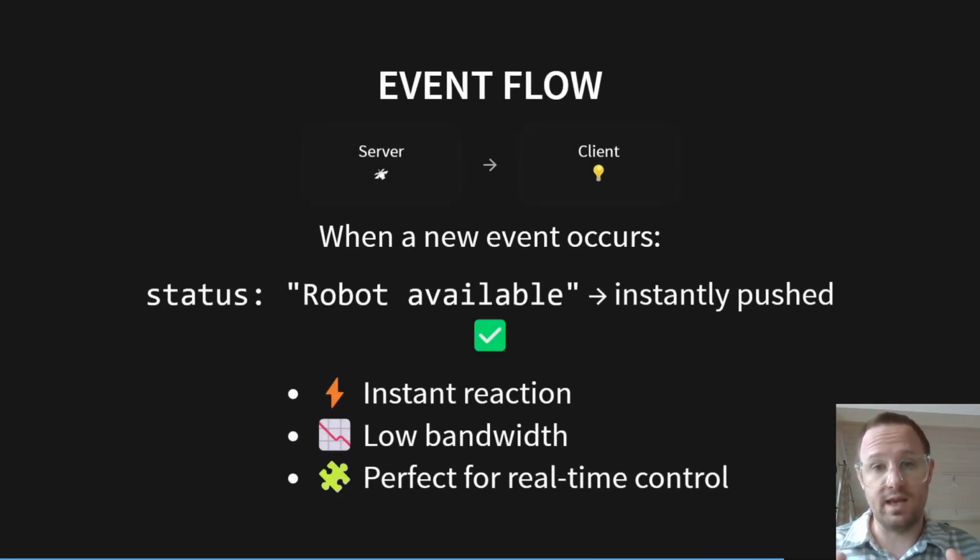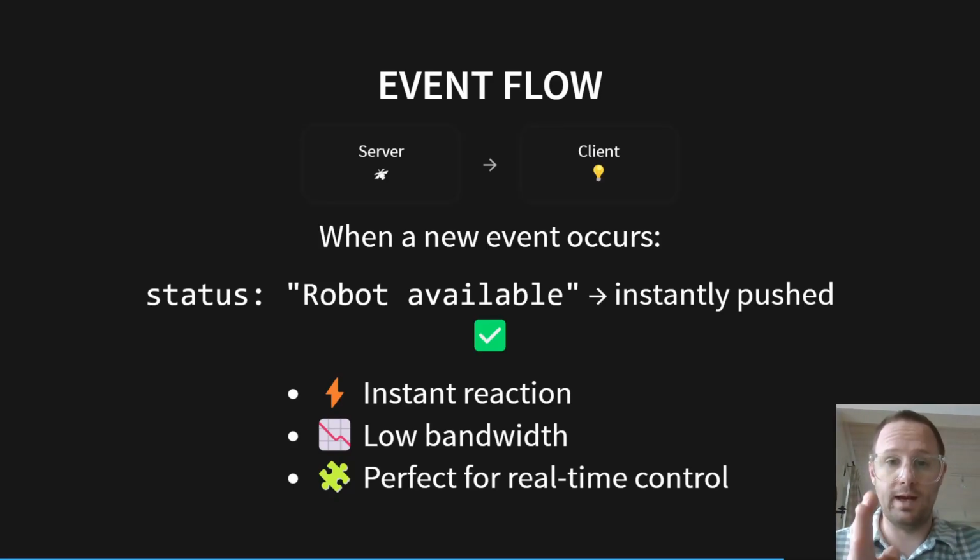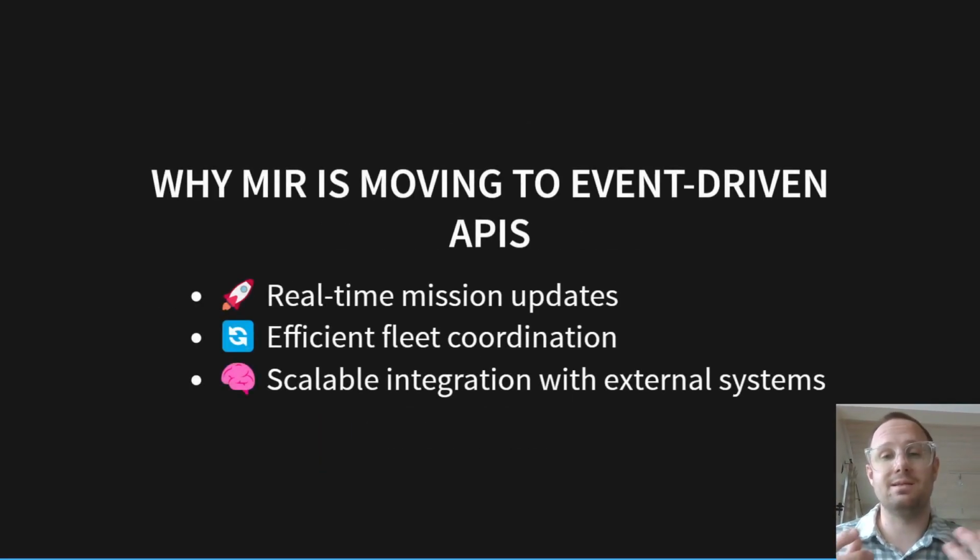So in this case, when the robot is available, we're going to know exactly when it's available, not 4.9 seconds too late, but actually when it happens. And this kind of architecture is really good for real-time control. It also maintains a very low bandwidth, and this means that we can scale this to a much larger extent than we've been able to do before.